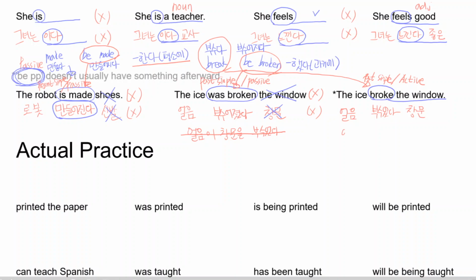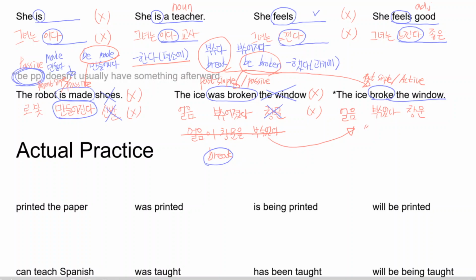This is the sentence we wrongly translated in Korean, right? We don't need to write it. Okay, so if you want to say 얼음이 창문을 부수었다 in English, we have to say the ice broke the window. Okay, and we can see one more thing here. So how about the verb break? Does the verb break want to have a complement or no complement?